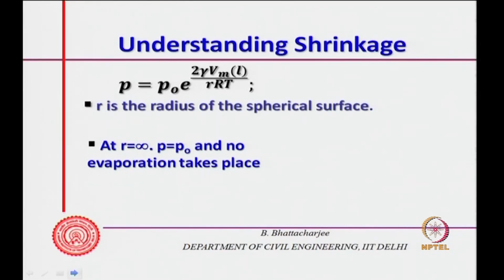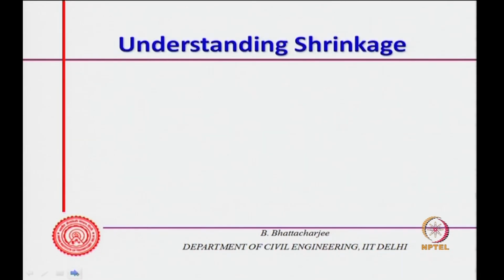That means, for a flat surface, P is equal to P 0, and under such a situation no evaporation will take place. So, let us say r is equal to infinity to start with, and no evaporation is taking place.